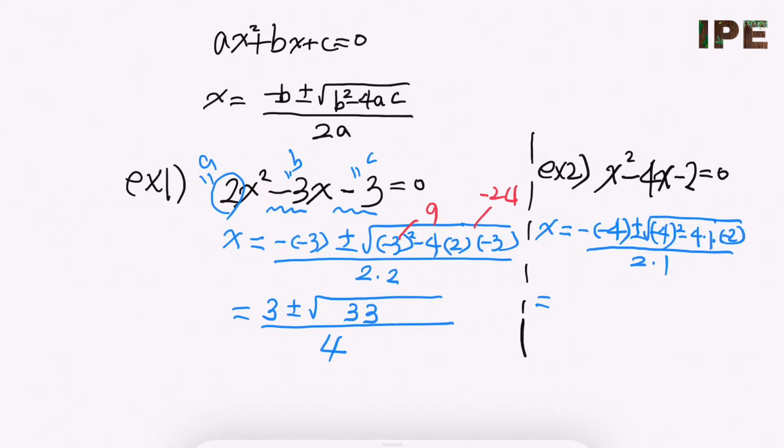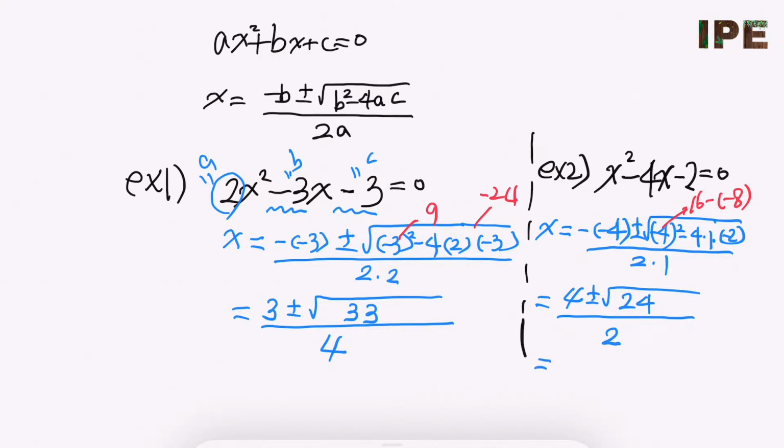So negative negative 4 is positive 4, plus minus square root of this part is 16 minus negative 8. So that's going to be 24 over 2. But it's not done yet because it is not simplest form.